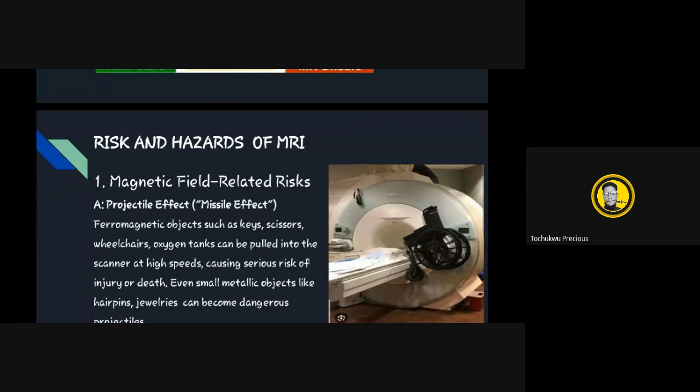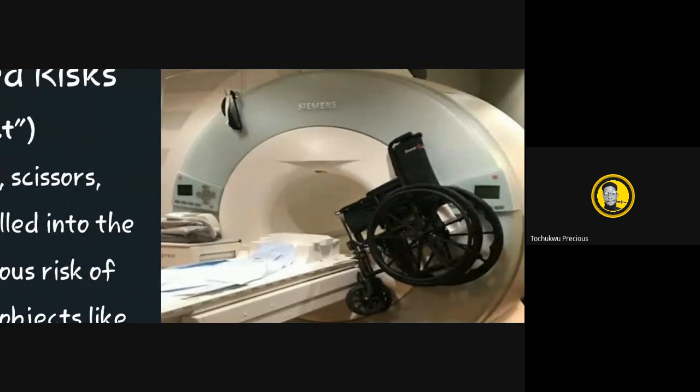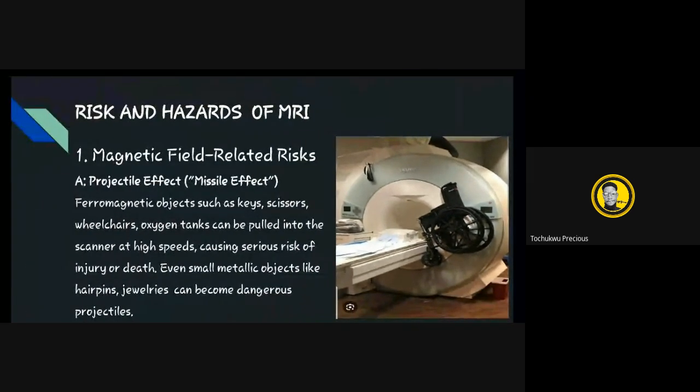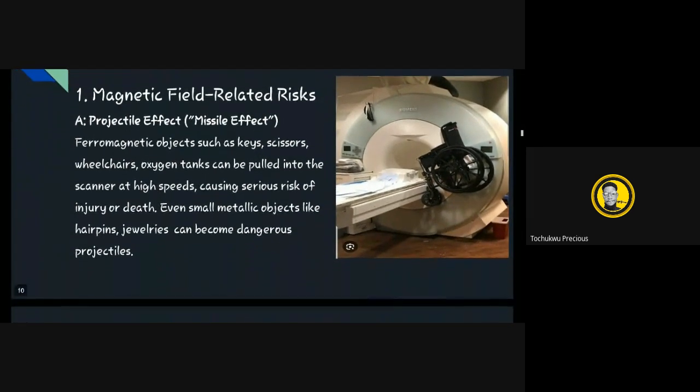Several magnetic materials such as keys, scissors, wheelchairs, and oxygen tanks can be pulled into the scanner at high speed, thereby causing serious risks of injury or death. Like in this image, we can see that a wheelchair was pulled into the MRI machine. This is what we call the projectile effect.